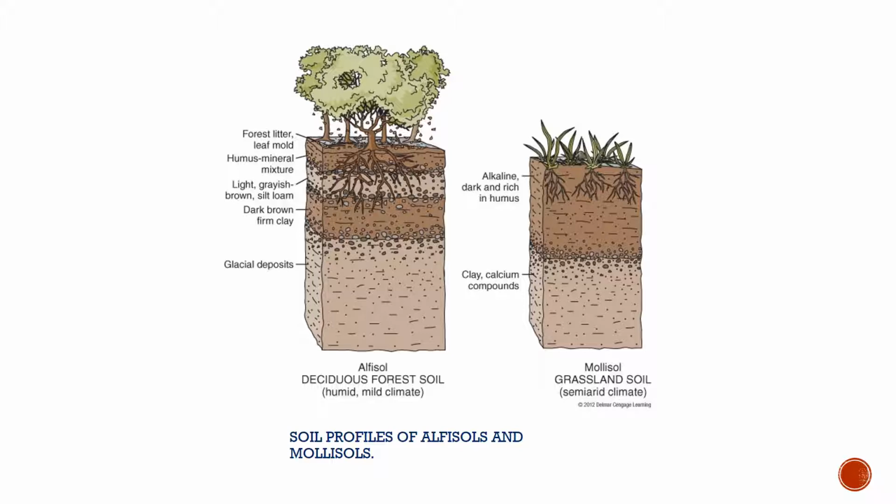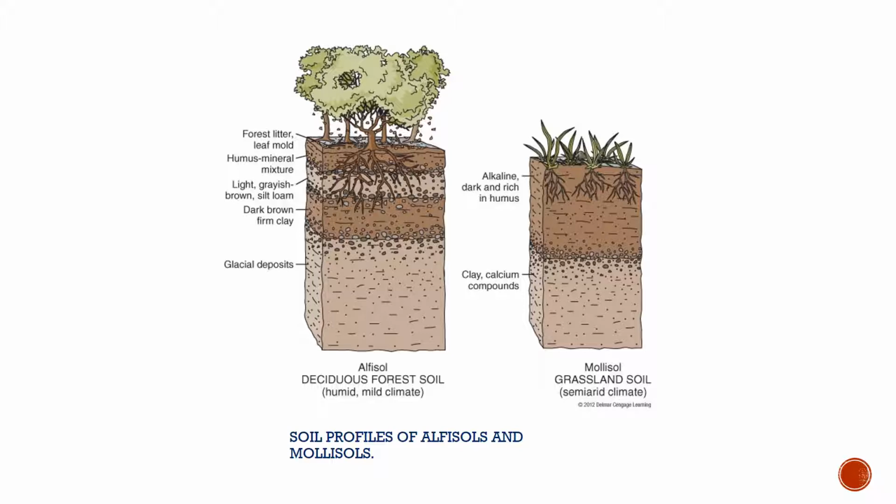Alfisol soils, they grow more deciduous trees, more vegetation than a mollisol would. And there's a difference there between the color. You can definitely see differences between color. You can see differences between different parent material coming up through those different layers. You can see the difference in texture.